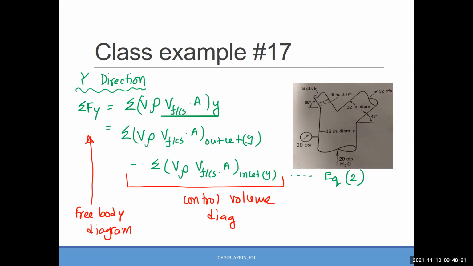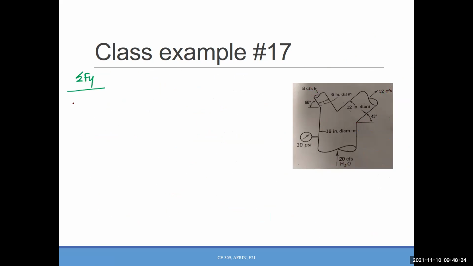Okay. So we have P3 A3 sine 60, P2 A2 sine 45, plus P1 A1, plus FPWY. Is that correct? All of the terms?